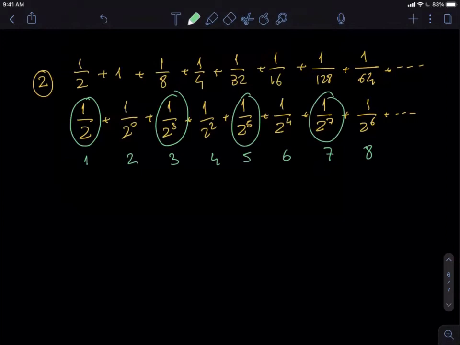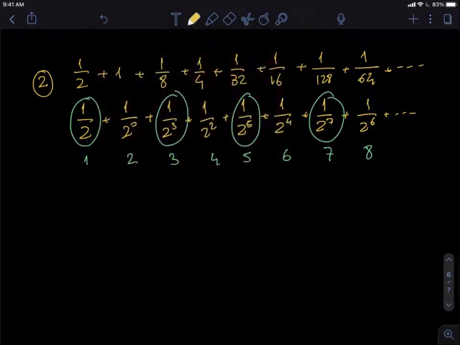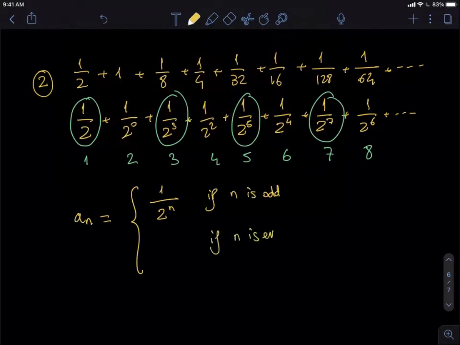So that's already something. And then we only need to figure out the even ones. So in this case, a_n is going to be 1 over 2 to the n if n is odd, okay? And then something if n is even. So what is that something?